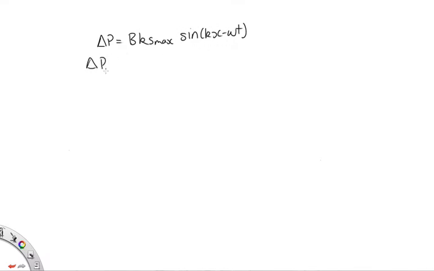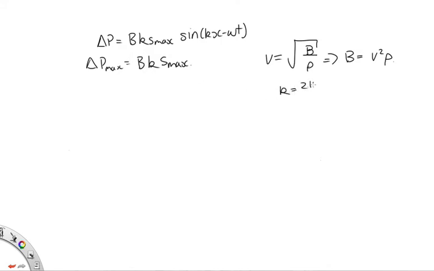So the maximum pressure differential will be B k S max. Okay, now the bulk modulus isn't an especially useful thing to work with, so let's try and change this around a bit. We've said that the velocity is equal to the square root of B, the bulk modulus, over the density, which tells us that the bulk modulus is equal to the velocity squared times the density. So we can replace this term with that.